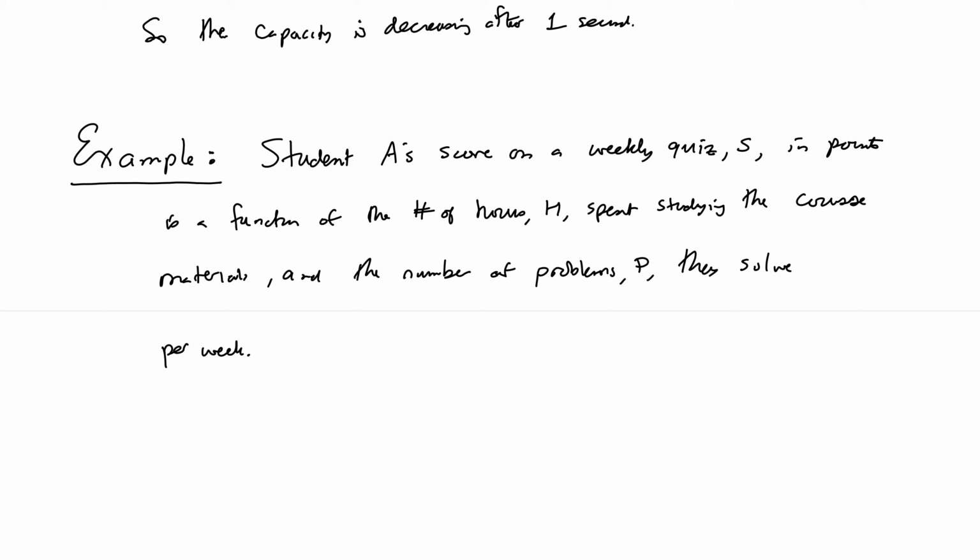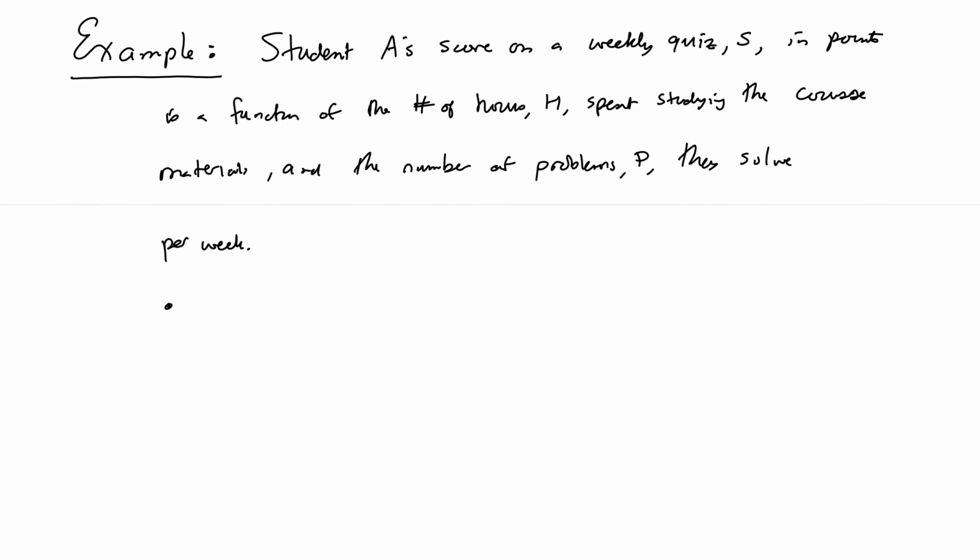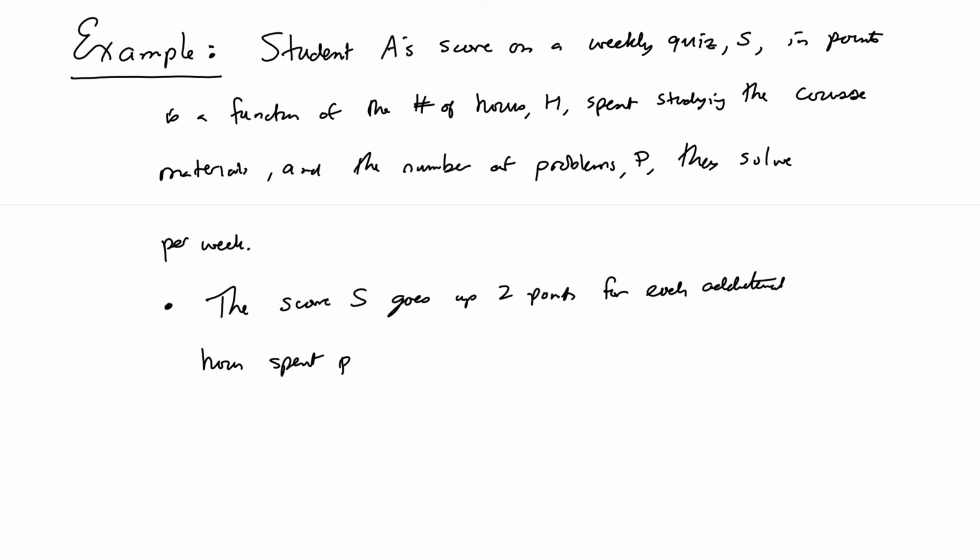Okay, so student A's score on a weekly quiz, which we're going to denote by S in points, is a function of both the number of hours spent studying and the number of problems that they solve per week. So the score S goes up 2 points for each additional hour spent per week studying the course materials.